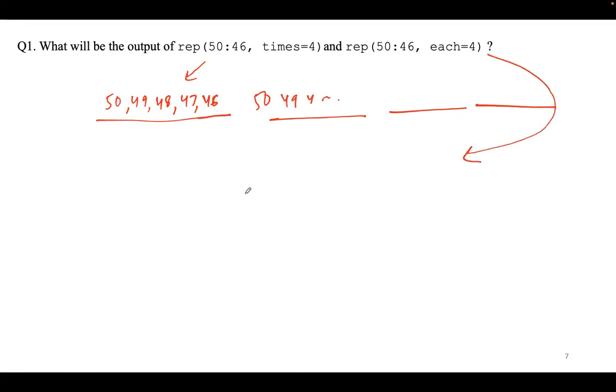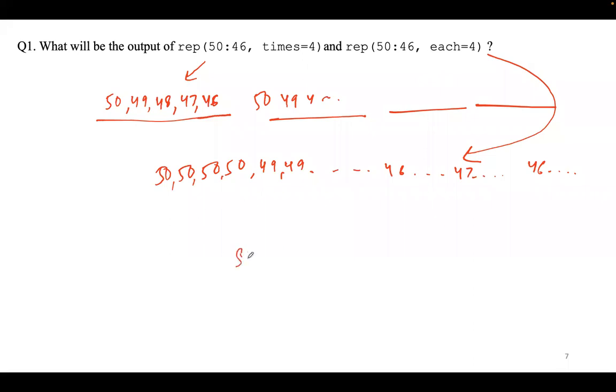And this one here, it's going to be 50, 50, 50, 50, obviously separated by commas, then 49, 49, and so on, then 48, 47, and 46, right? Perfect. So this one you just need to be careful. Is the number of elements in the output of each of them the same? Is it the same or is it going to be different? The same, right?